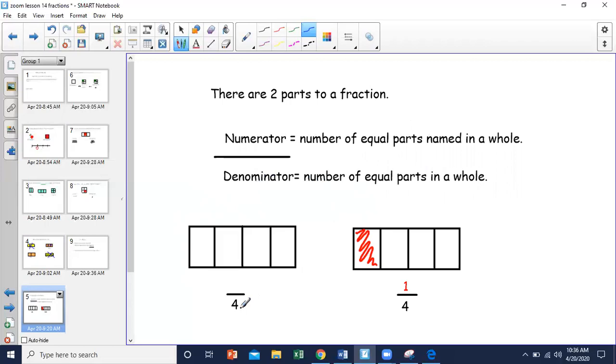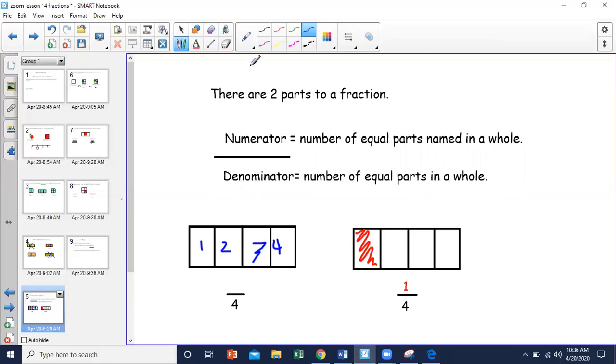To be for sure, let's count the equal parts. 1, 2, 3, and 4. I have this same rectangle, which was cut into 4 equal parts. However, you notice something, yeah?